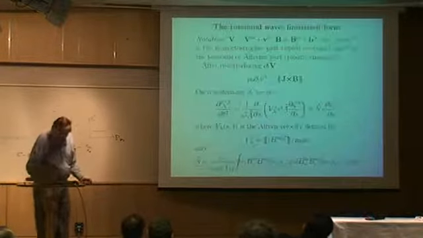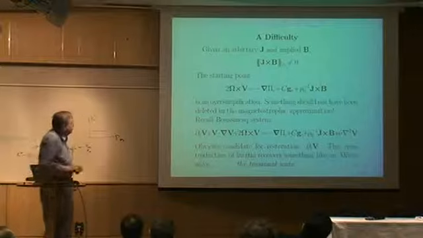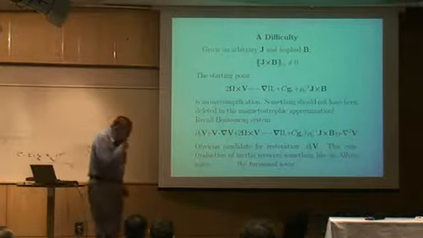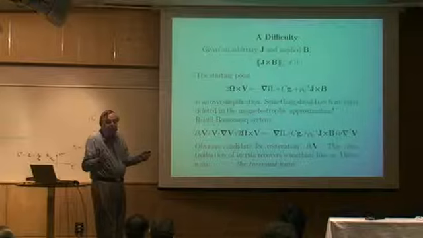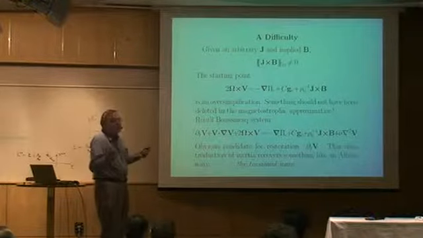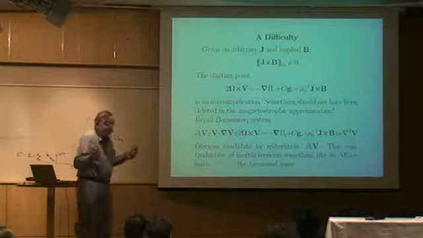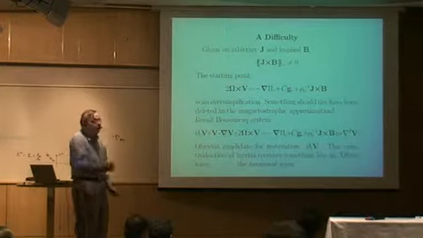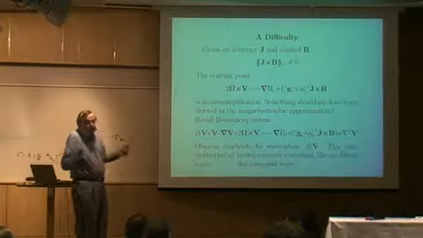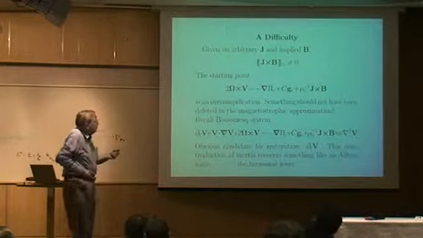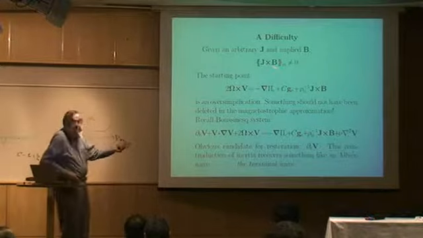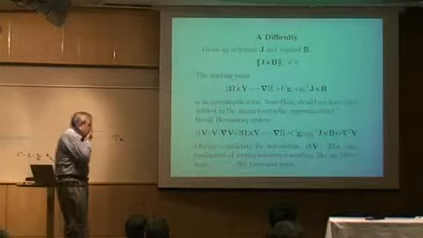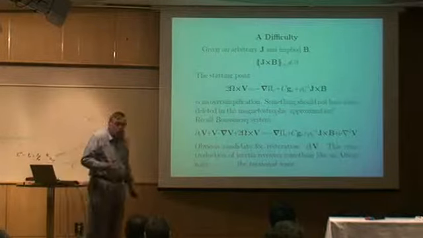Isn't this remarkable? Because it's now a difficulty. Okay, J cross B, three components, average should be zero, but anybody can say to themselves, I won't accept that, I'll just put in a current. And if you put an arbitrary current into the system, then it won't satisfy this condition. There's not a chance it will satisfy this condition. So, in some sense, something's gone wrong.